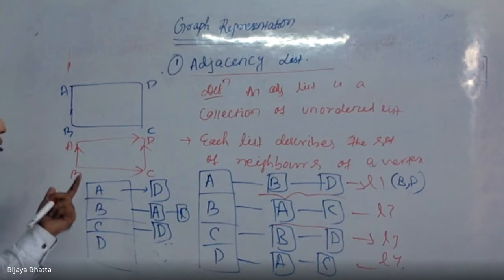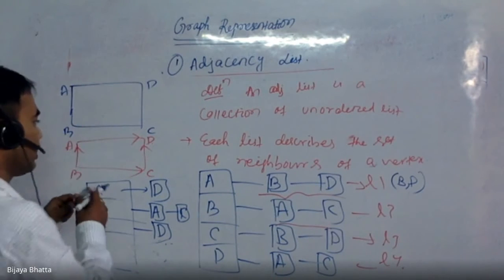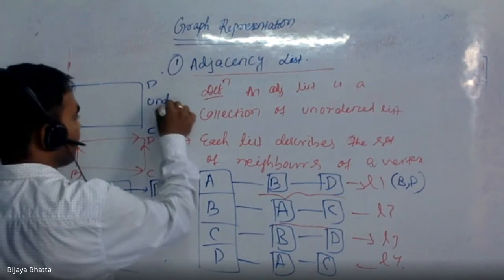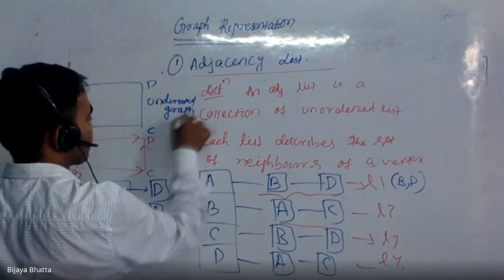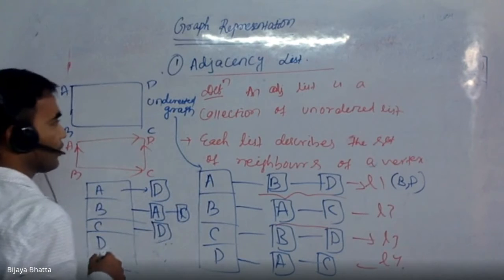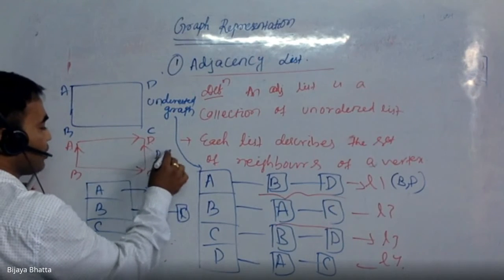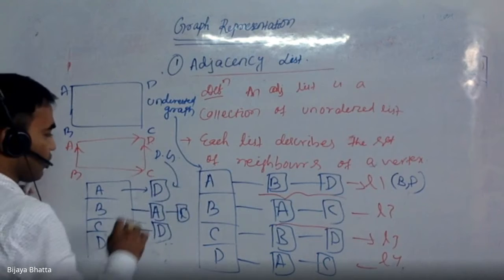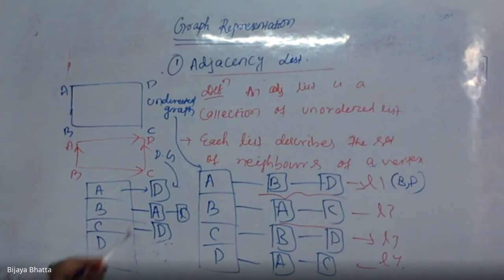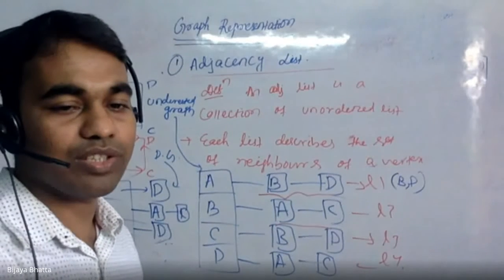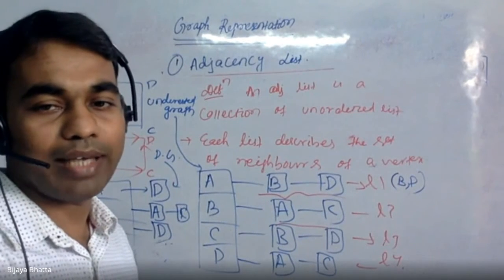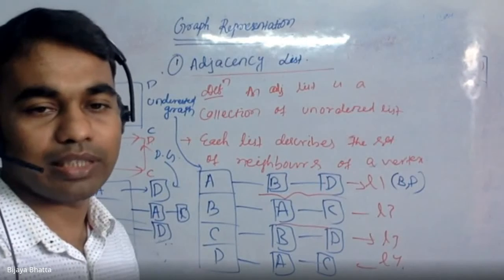That is the difference: this is the undirected graph and this is its corresponding adjacency list. This is the directed graph, DG means directed graph, I'm just using a shortcut, and its corresponding list. That is how the adjacency list works for both directed and undirected graphs.